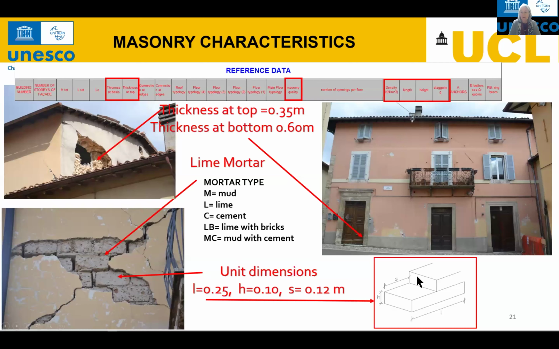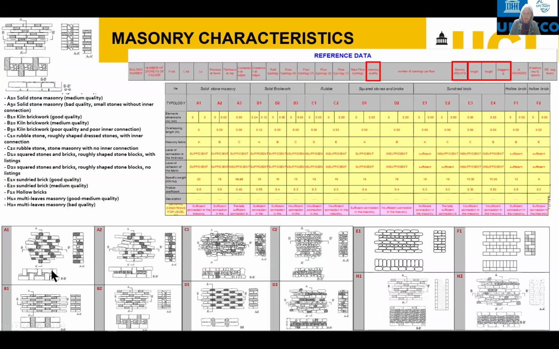Now, there are many different types of masonry fabrics, from more regular squared or worked stones to brickwork, to irregular hewn stones, to rubble and mixed maybe with brickwork, to adobe or hollow brickworks and so on, and multi-leaf walls.